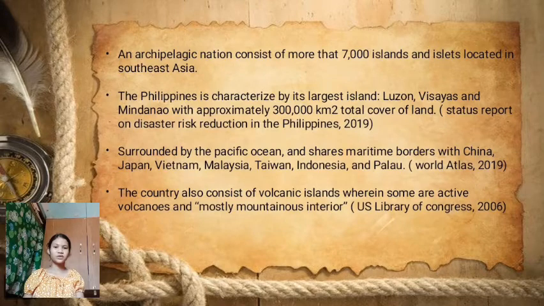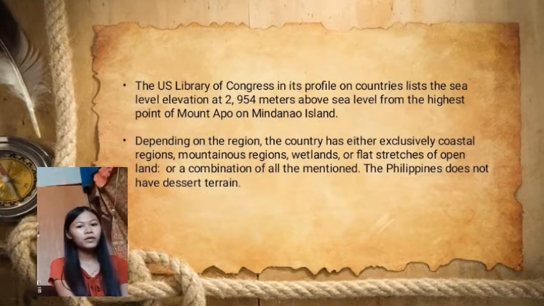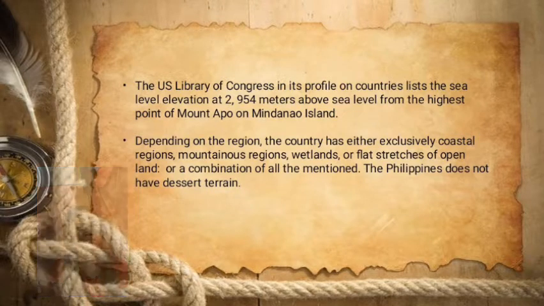It also features lush and scenic rolling hills with rich valleys crossed by rivers. The U.S. Library of Congress in its profile on countries lists the elevation at 2,954 meters above sea level at the highest point, Mount Apo on Mindanao Island.